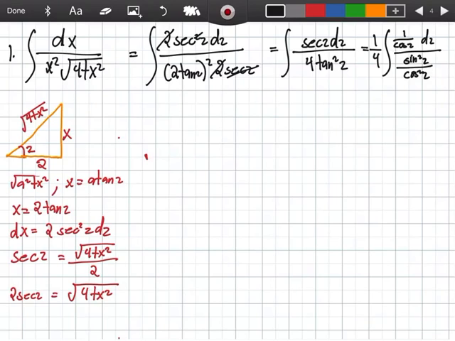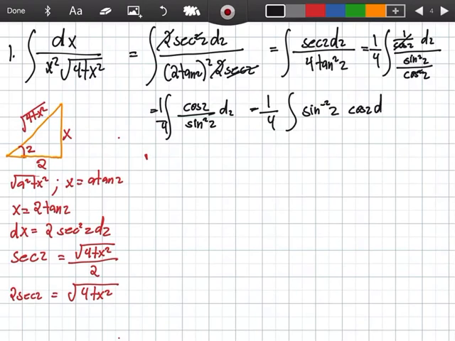Then the cosine cancels, and we raise the cosine z and lower the sine squared z, dz. We can write that as 1/4 sine raised to negative 2 z cosine z dz.